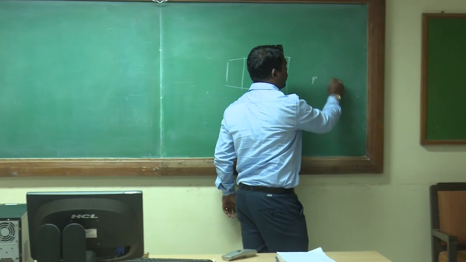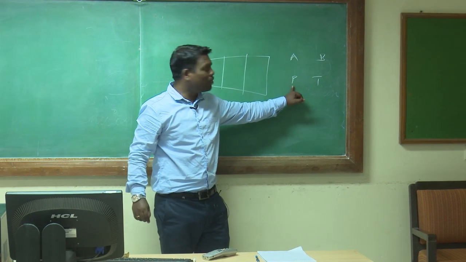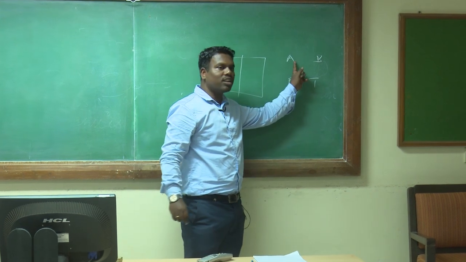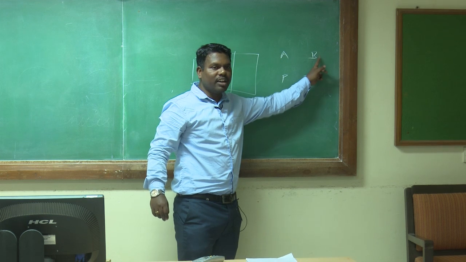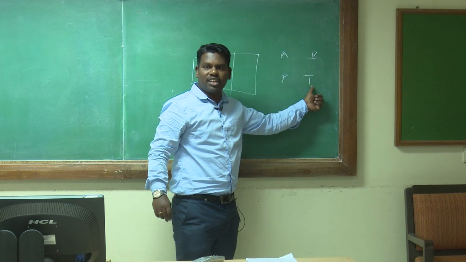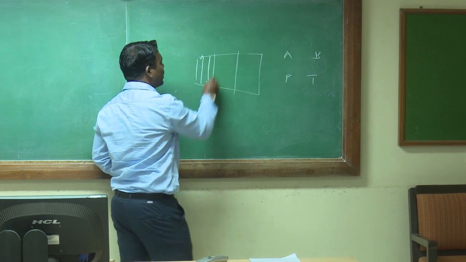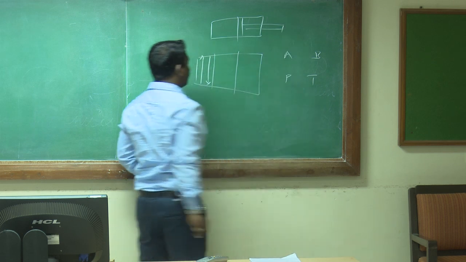Okay, so these are the different ports: P, T, A and B. P is your pump port, meaning whatever input is given from the pump goes to the pump port. A is your forward direction to the actuator, B is your return direction from the actuator, and T is your tank port. Okay, suppose the connection is from this side and the actuator is here, from that actuator we can do the work.